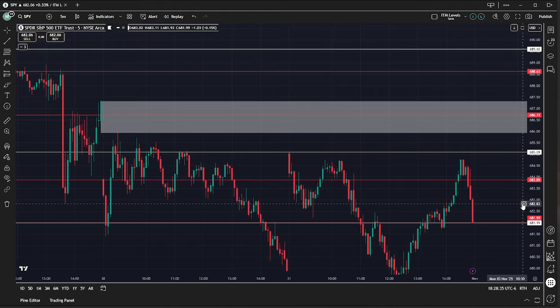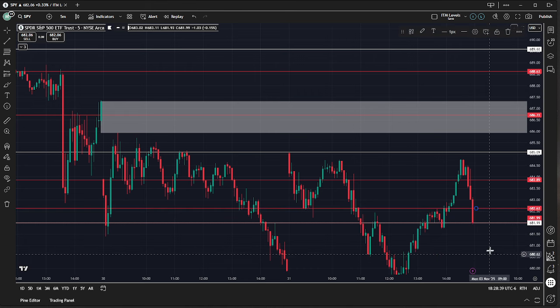Below 685.09, my supply is 683.89, and my demand zone is going to start above 681.99.